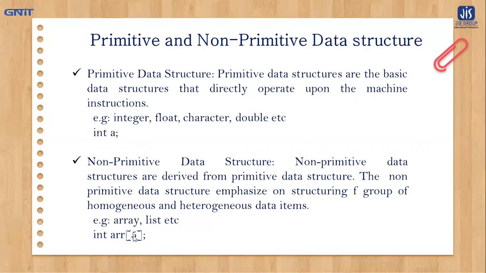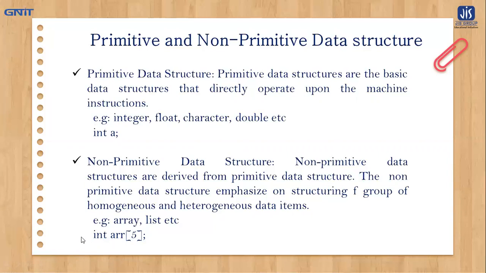But whenever we are declaring this array, before the array name we have the data type, that is int. Suppose we have to store float kind of data, then it will be float. If it is character, then it will be char, like this. So what we are doing, we are using this int, which is a kind of primitive data structure.